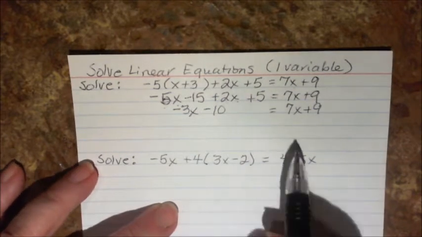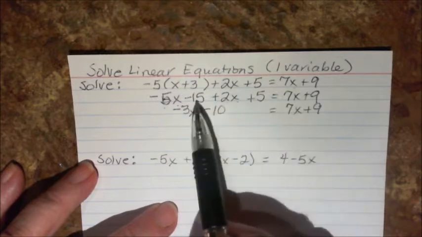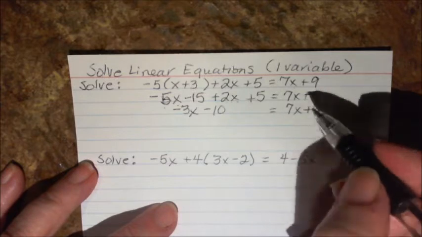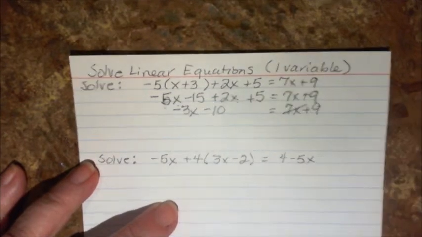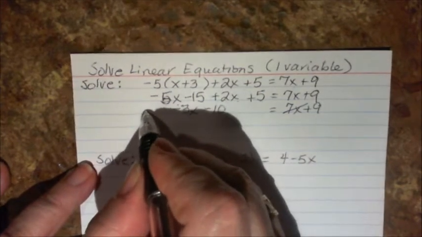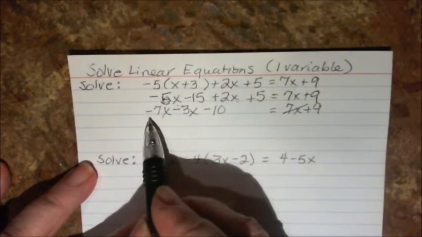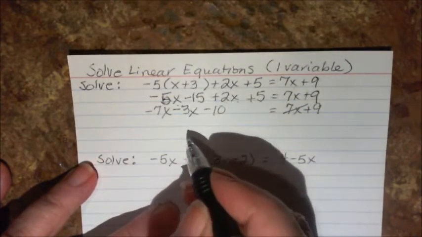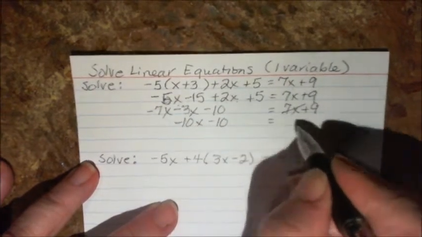Now we want to eliminate the x's on one side, so subtracting 7x from both sides. If we subtract 7x on this side, the x term is eliminated, so subtract 7x on this side. Negative 7x minus 3x, now collect for negative 10x minus 10.